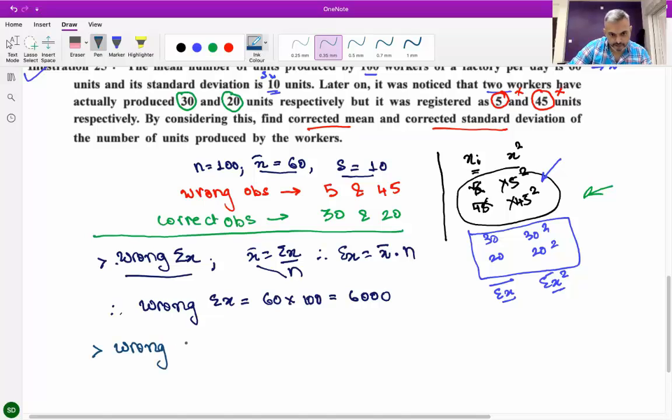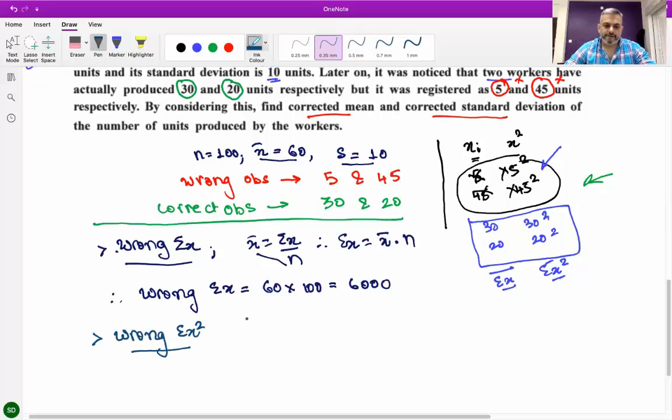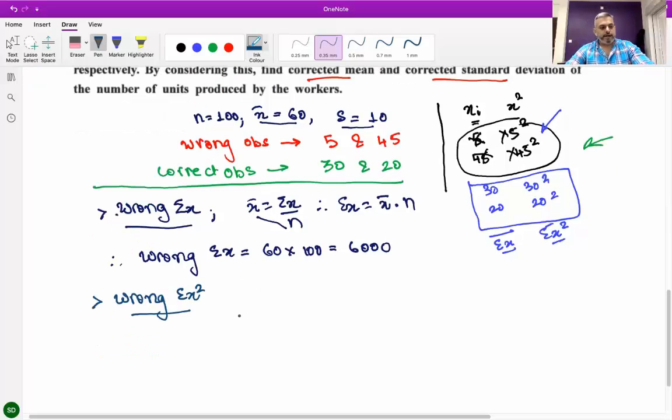Wrong sigma x square. Now there was one formula when we did the raw data formula, and that was S is equal to sigma x square upon n minus x bar square, the whole under root. So we'll be using this formula now.